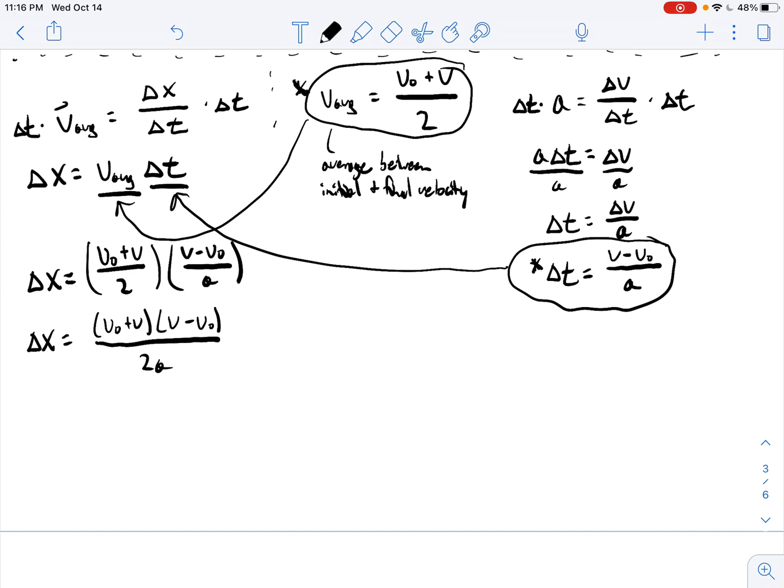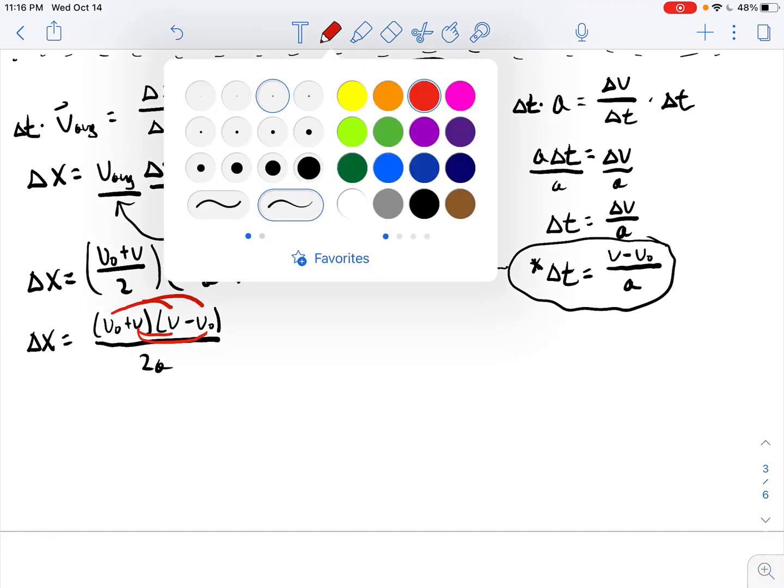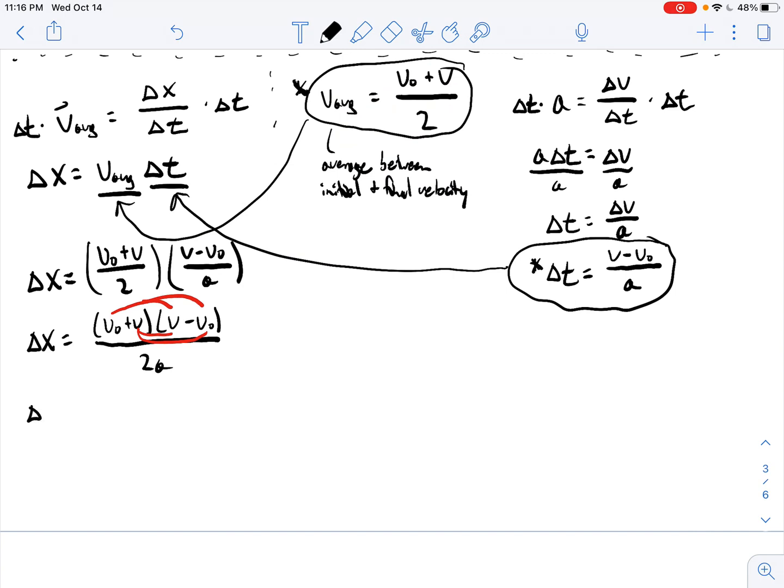To simplify this a bit more, we're going to have to multiply our numerator, using the FOIL method you guys learned from algebra, or any other way you learned how to multiply these sets of sums. Our denominator is going to stay the exact same, 2a, and now that v initial is going to be multiplied with our v, so that first FOIL gives us v initial times v.